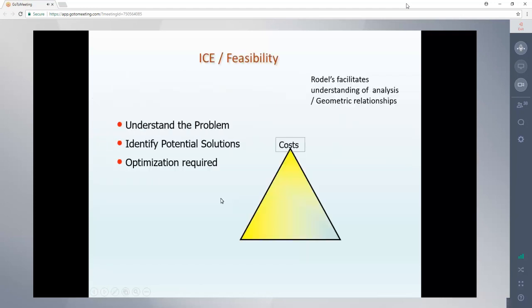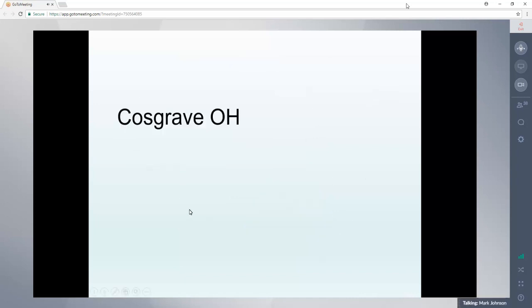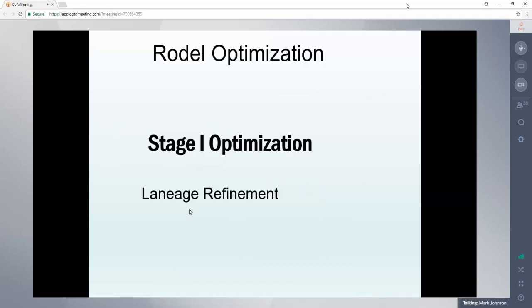At the end of the day, it's about understanding the problem you're trying to solve and identifying potential solutions. It's an optimization process, and Rodel facilitates an understanding of the analysis and the geometric relationships, and can help you identify potential solutions to evaluate.